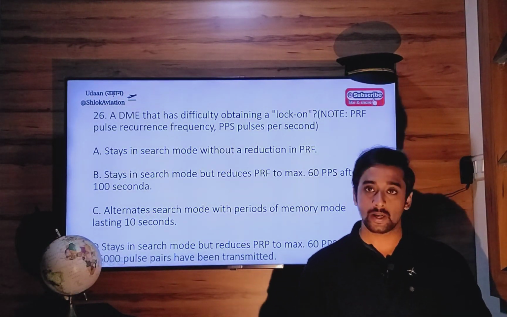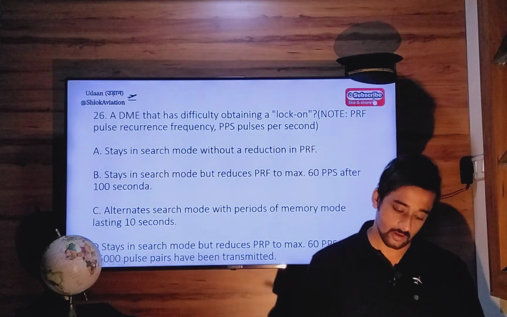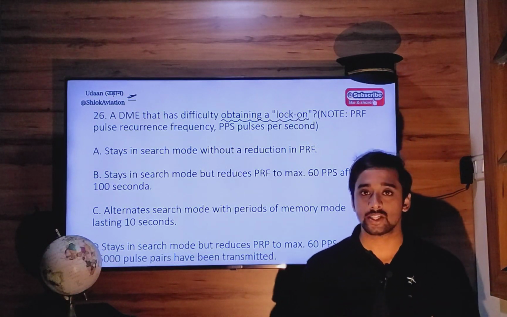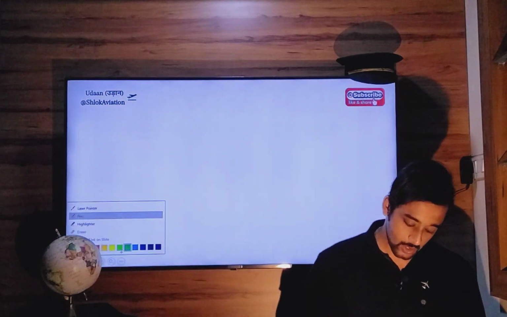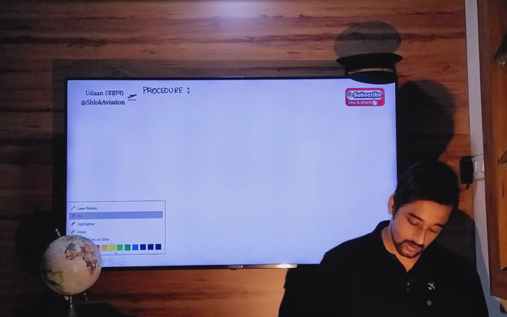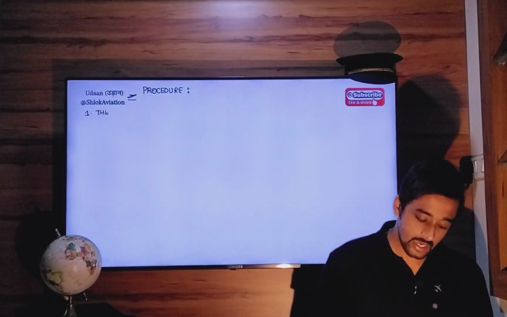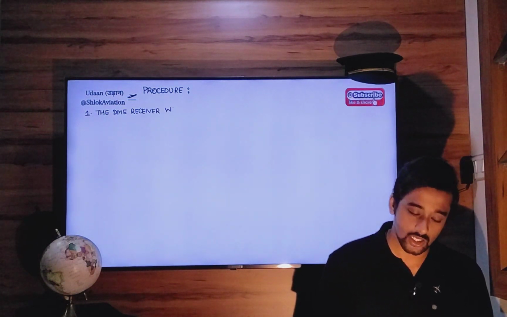A DME that has difficulty obtaining a lock on, what will it do? That means it is not able to achieve a lock on or have a connection with a DME station on the ground. What will it do? There is a procedure that you must remember to achieve a lock on. First, the DME receiver in your aircraft will begin a search mode.